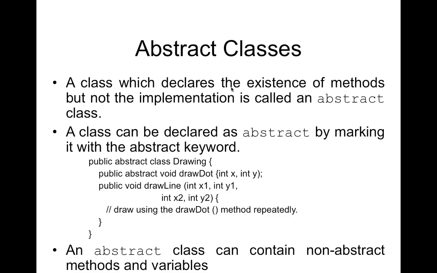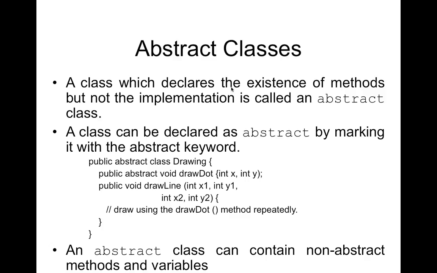Then abstract classes. We talked about abstract classes briefly at the beginning of the class. An abstract class declares the existence of a method but not the implementation. But there is no hard and fast rule that you should not give an implementation. You can give an implementation there. A class can be declared abstract by marking it with the abstract keyword.